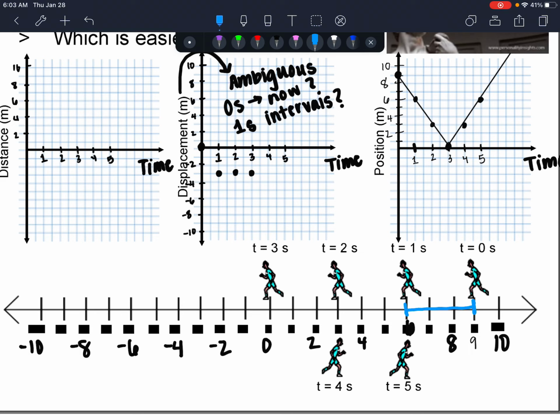So for example, my length in between 0 and 1 seconds is 3. I guess at 1 second, my distance traveled was 3. So I'll plot that. But then my length of travel from 1 to 2 seconds is 3 again.